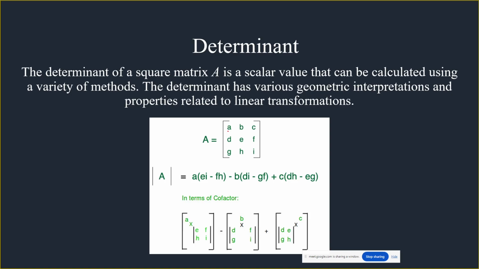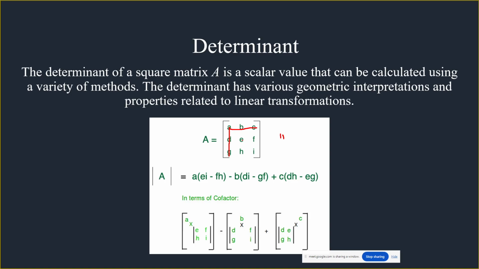In this first row we have A, B and C. Now if you want to find the determinant, at first you need to multiply the first element, A, while we cover our first row and first column. When we are multiplying with A, we are covering the first row and first column. The leftover things will be multiplied.